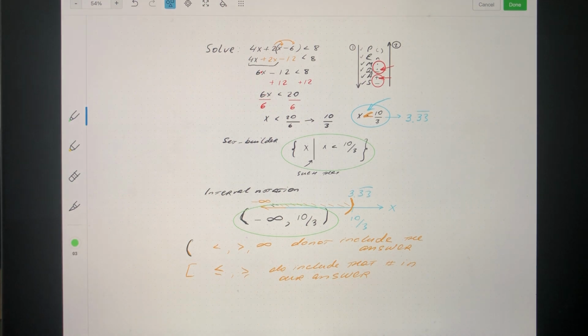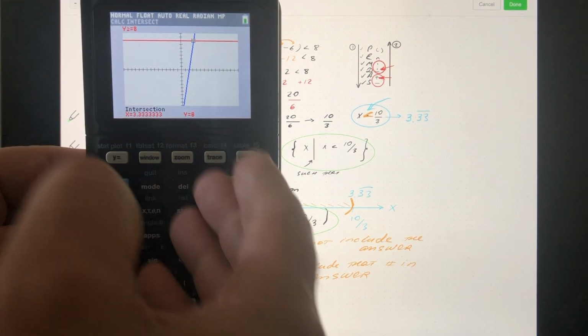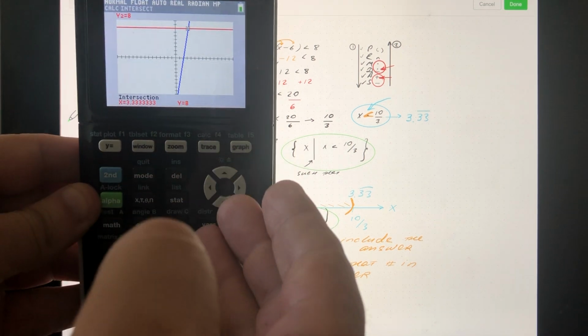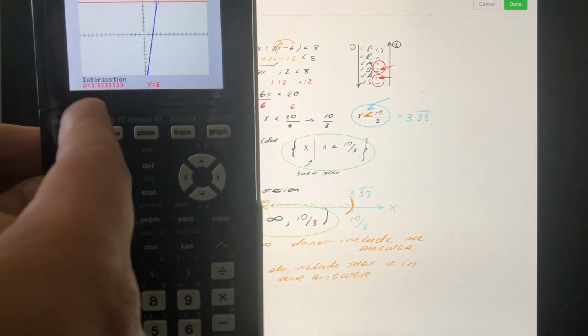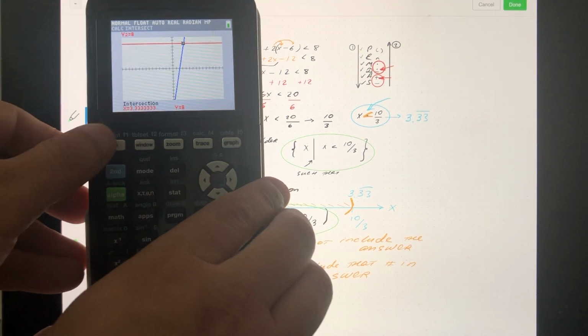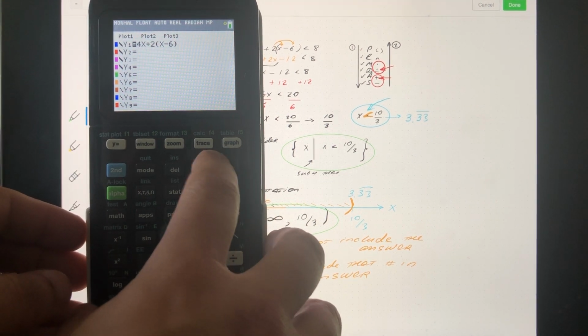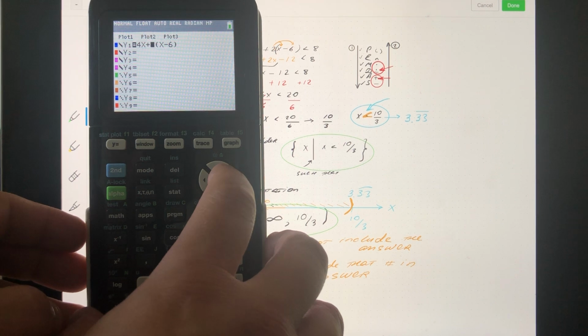The benefit of this is we visually see what the answer means, and we see the decimal that actually works. Now another way to see it visually is to come into our y equals and, instead of doing two separate equations, do everything in one.